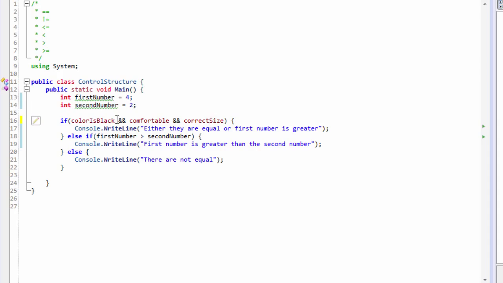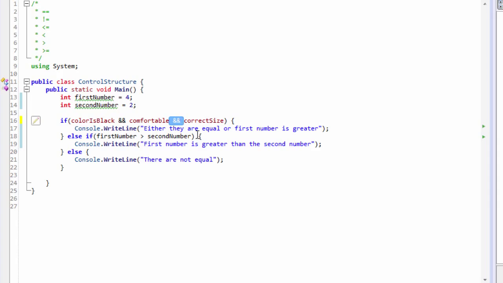So the previous AND was the language that we use in human terms, but our computer won't understand that. To make our computer understand what we are trying to say, we need to use this logical AND, which is denoted by double ampersand symbols. So you can see that I have done similar stuff in here too.